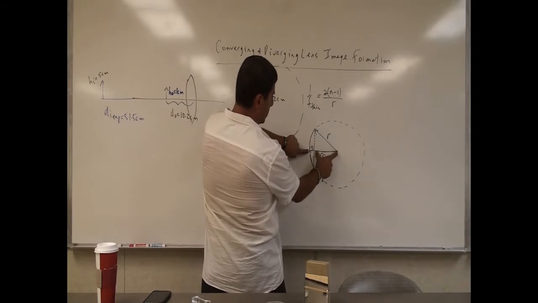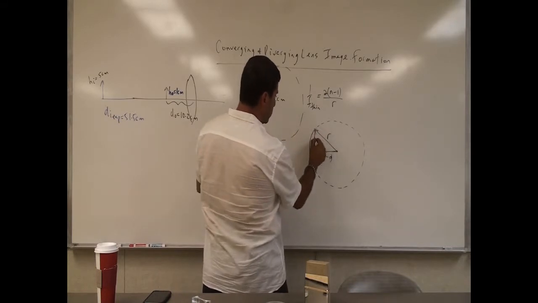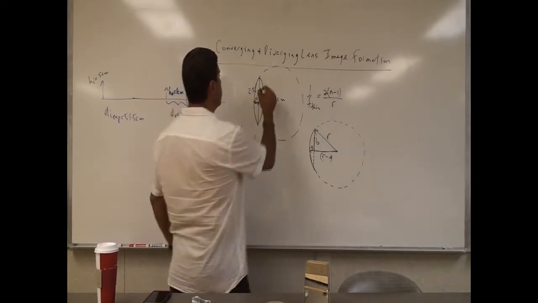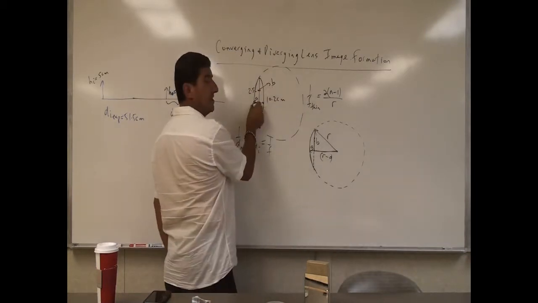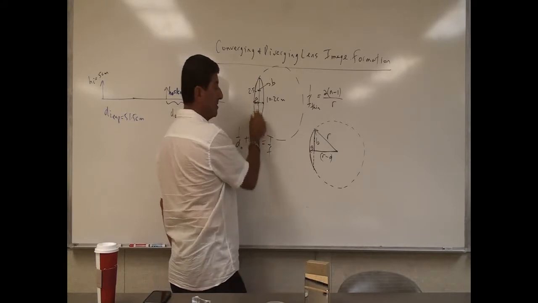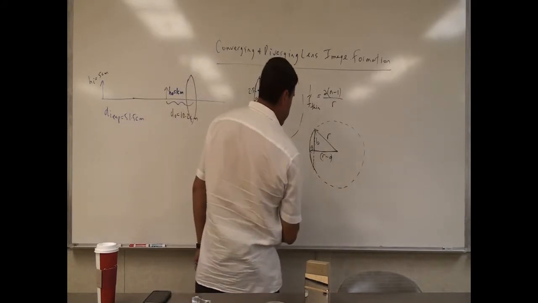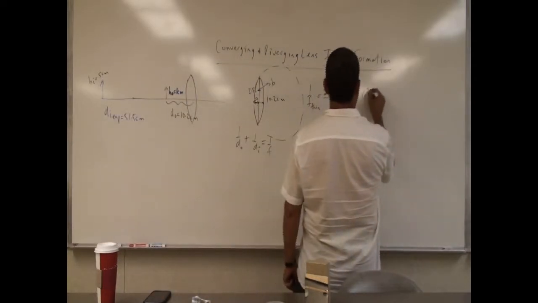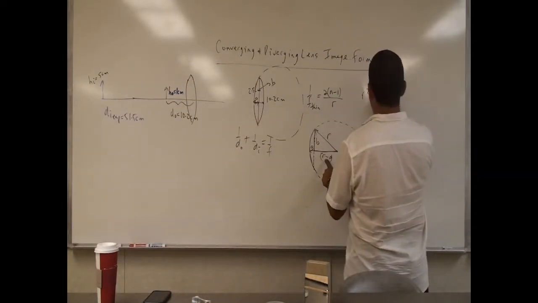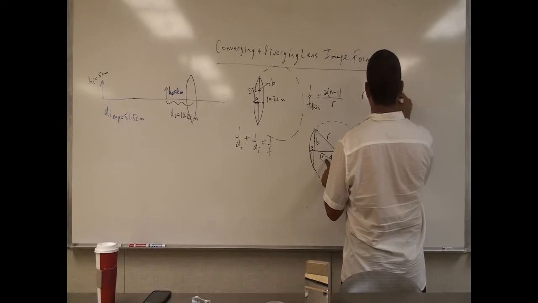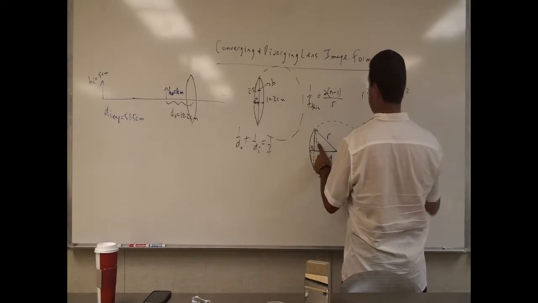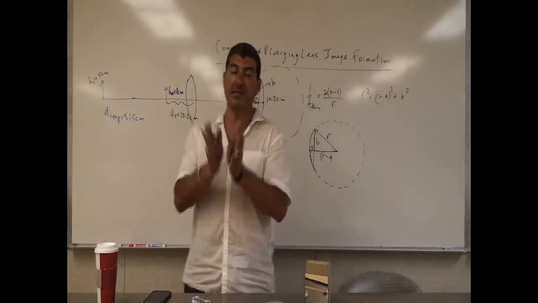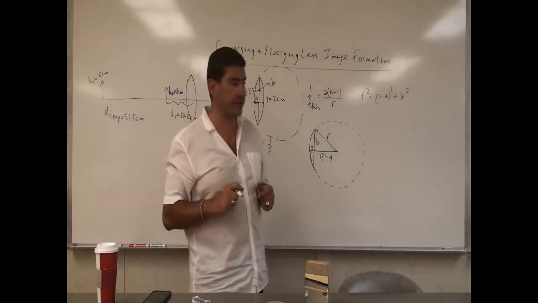This distance here we usually call B, that's the semi-major axis, and A is the semi-minor axis. So we can say here that R squared is equal to R minus A squared plus B squared. That's the equation to find the radius of curvature of any lens, as long as you assume that the radius of curvature is the same.